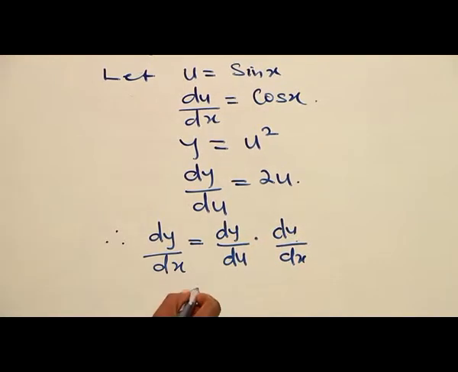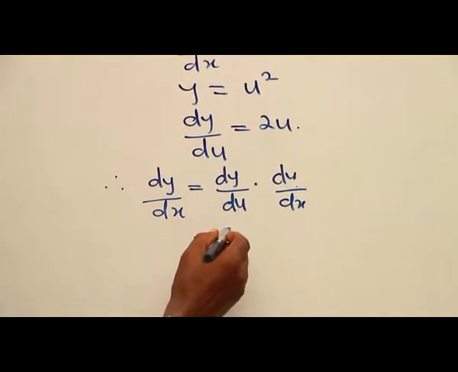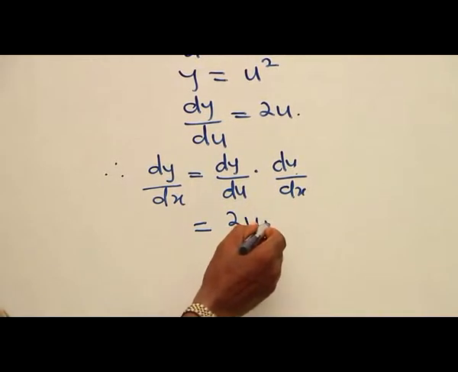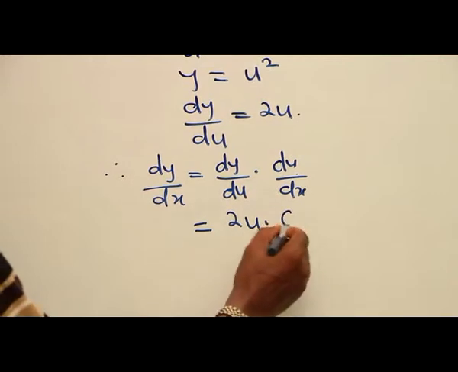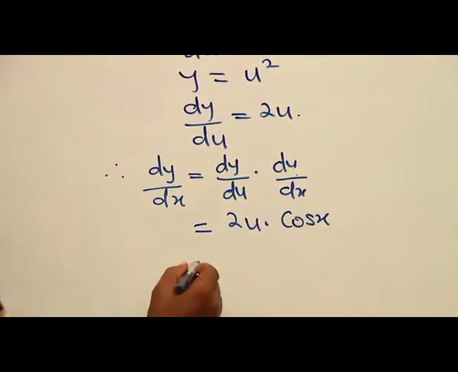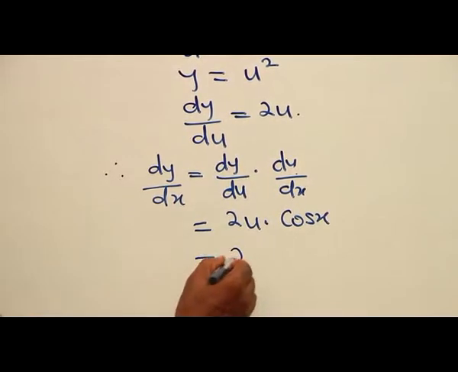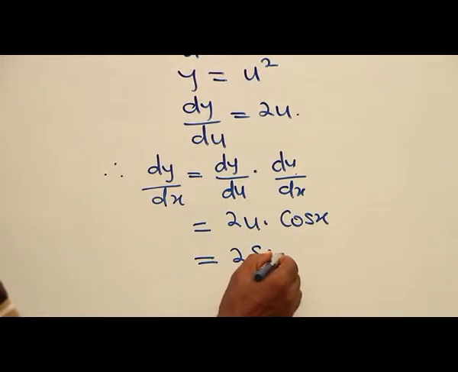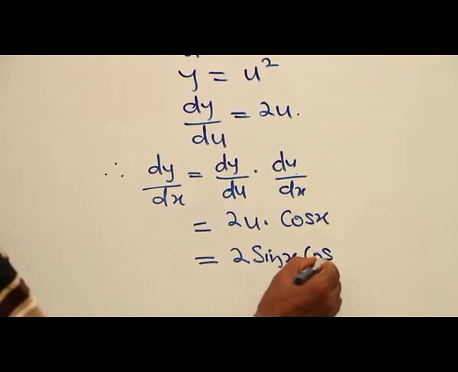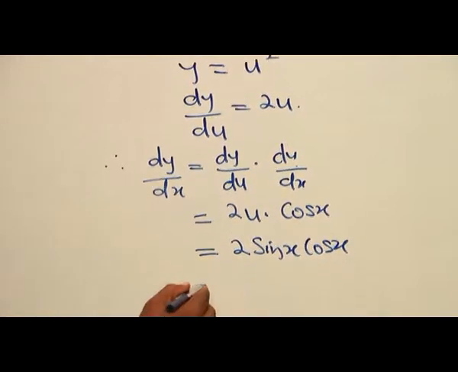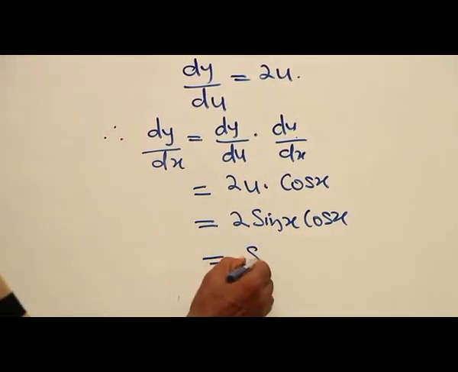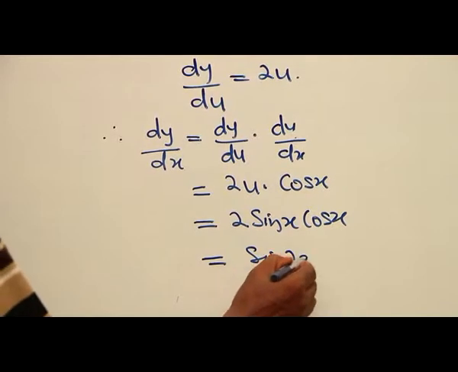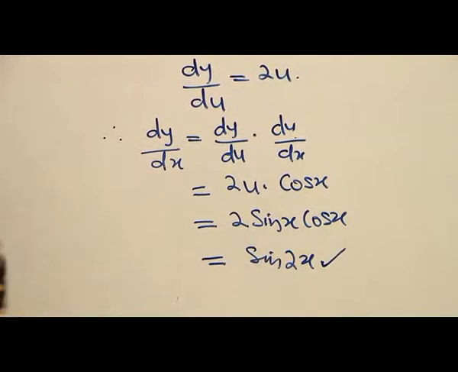Now substituting the values, we have 2u times du over ds, which is cos s. And this becomes, replacing u with sine s, 2 times sine s times cos s. From trig identities, this is equal to sine 2s. And the solution is found.